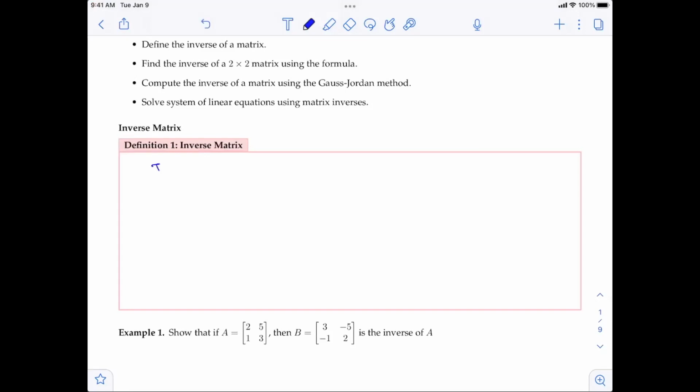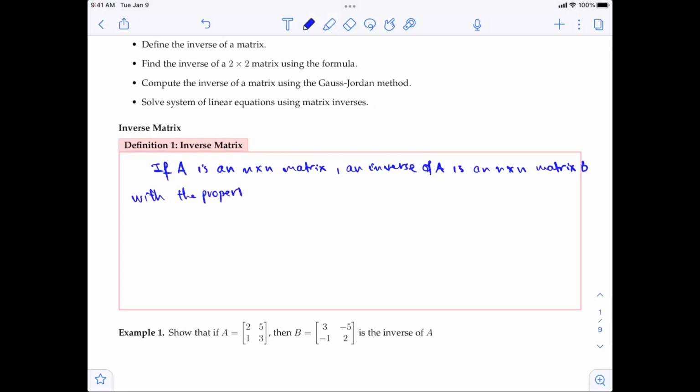If A is an n by n matrix, an inverse of A is also an n by n matrix, and I call this matrix B, with the property that A times B equals the identity matrix, in this case the n by n identity matrix, and this is also equal to B times A. Here I_n is the identity matrix of size n by n.